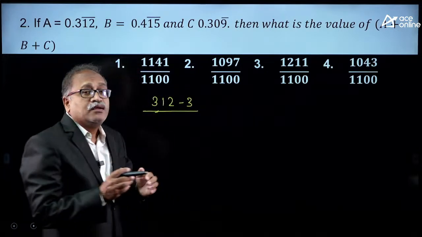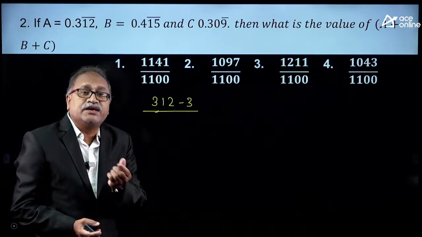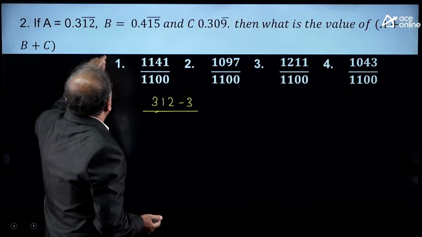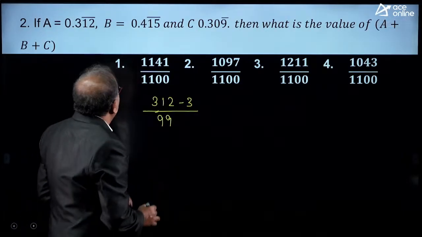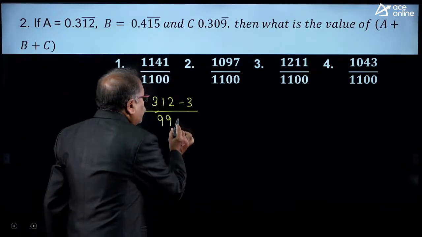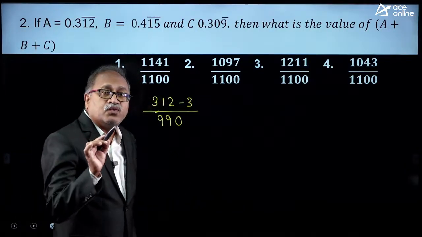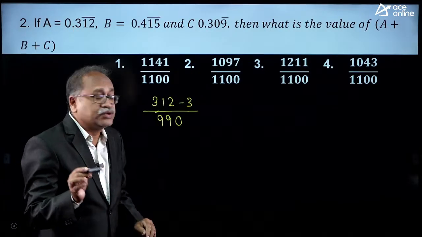Under the bar, the number of digits will be equal to the number of nines in the denominator. So under the bar I have 2 digits, therefore we will have 2 nines, and the decimal part there is 1 digit without the bar, so therefore I will write for that 1 zero. If 2 digits are there, I will write 2 zeros.